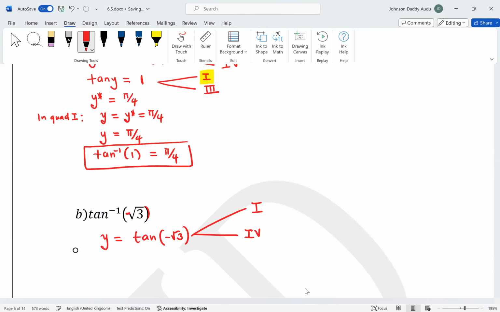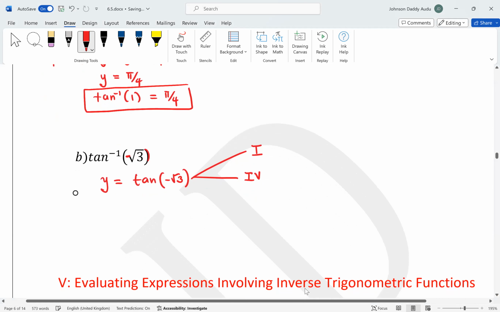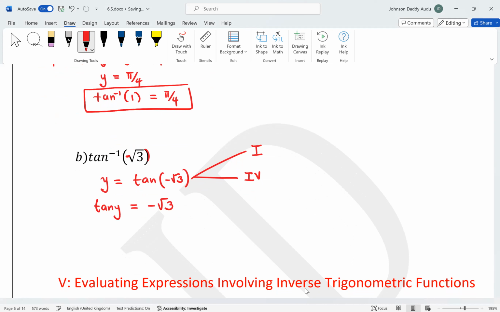Now, it means that tan y is going to be -√3. But tan is negative either in the second or in the fourth quadrant. This is where tan is negative. So now we take the common. Which one is common here? The fourth quadrant is common.